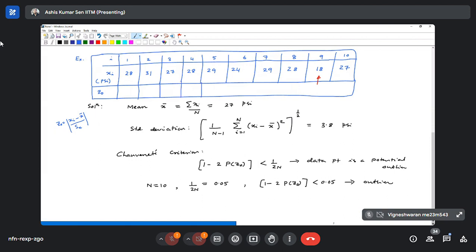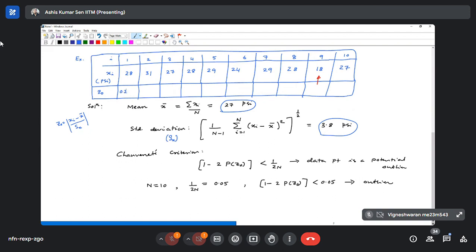For each one of these, I calculate Z0, because I know this is xi, I have calculated the mean, and I have calculated the standard deviation. So for each one of these, I find out Z0.